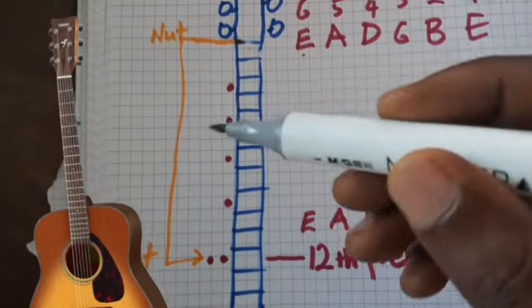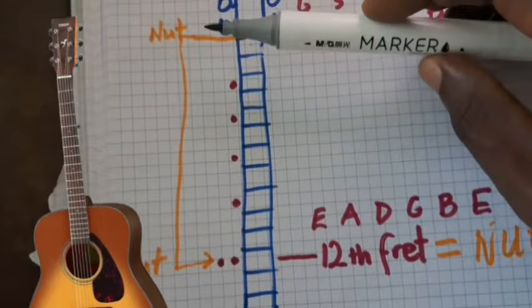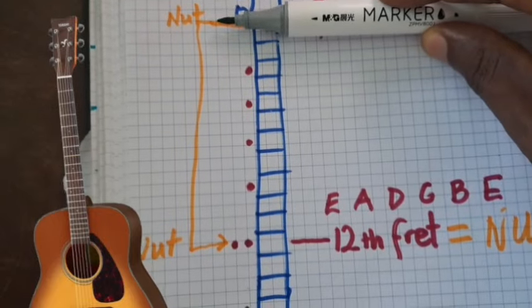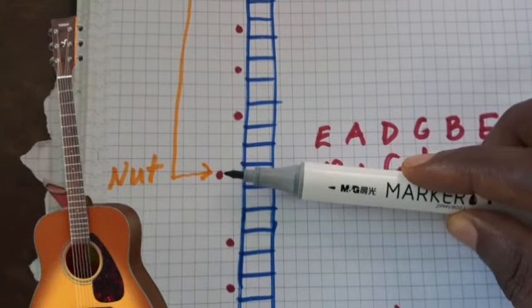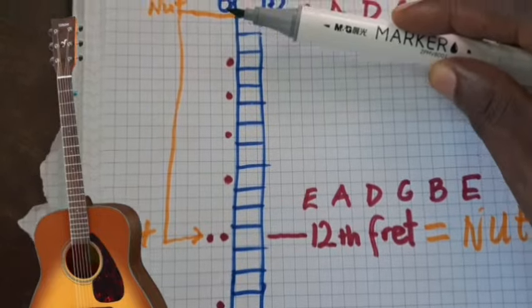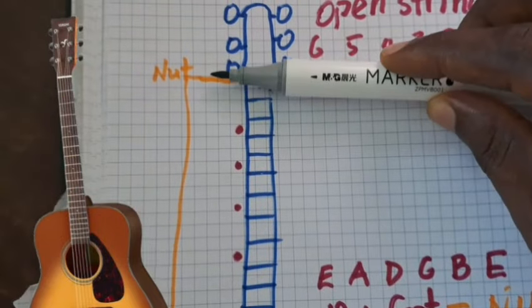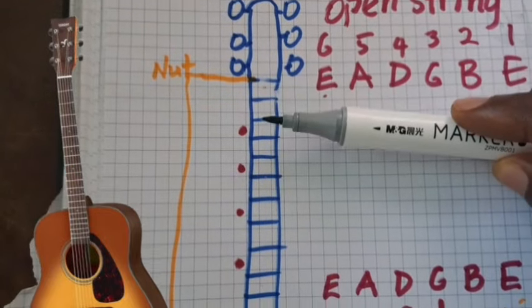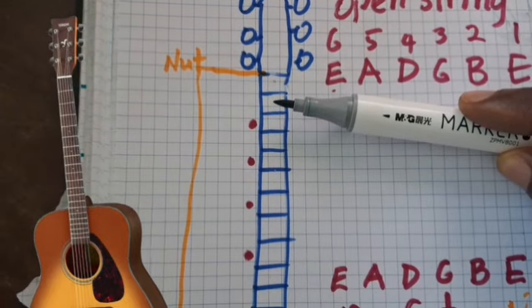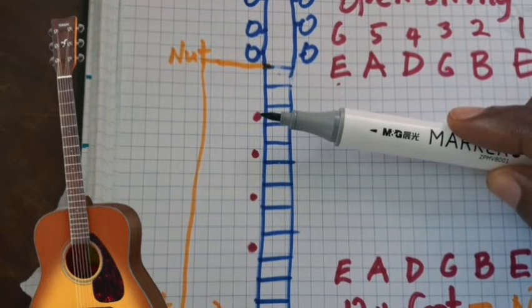The third point we want to explain here is that since we already know that this knot is serving as a fret and this fret is serving as a knot, we now say they are equal, isn't it? That means after this knot or this fret, we have 2 frets that are free before the first dot.